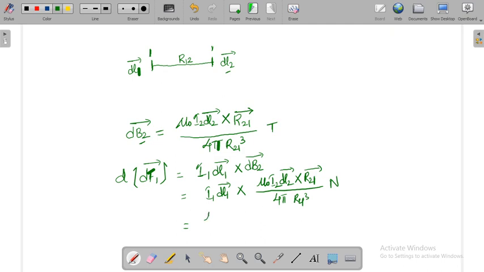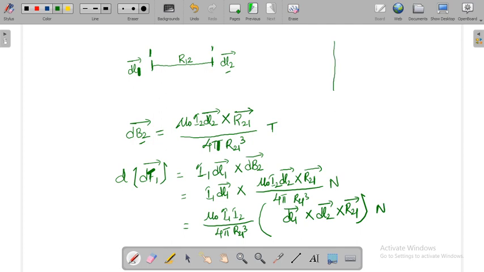As I1 and I2 are scalars, and 4 pi r21 cube is also scalar, I am writing this as mu naught I1 I2 divided by 4 pi r21 cube into dl1 bar cross dl2 bar cross r21 bar.